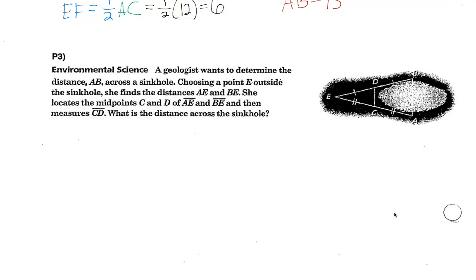Anytime we do something with geometry and we're measuring, it can always be used in the real world for indirect measurements. What this is saying here is a geologist wants to determine the distance AB across the sinkhole.